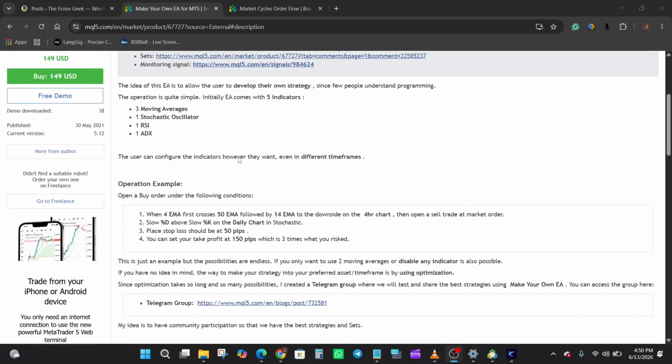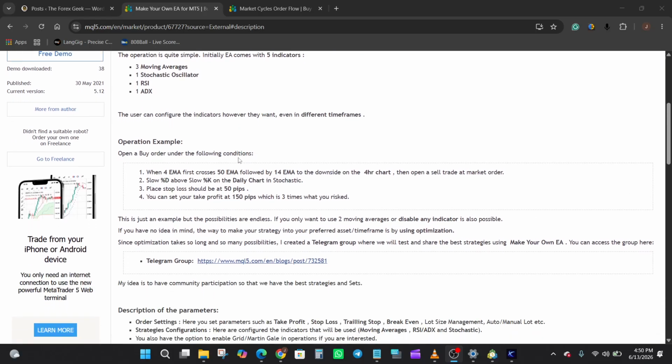That gives traders a lot of flexibility when designing entry and exit conditions. The description also mentions that indicators can be enabled or disabled depending on the strategy being built, so users are not forced to use every available component.